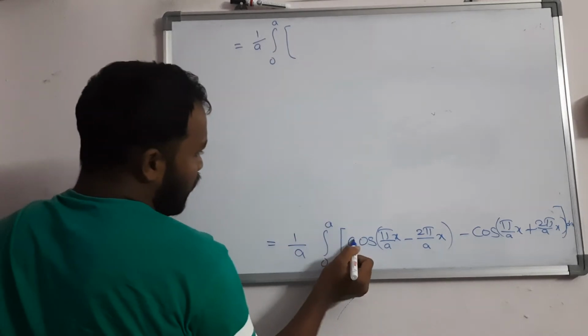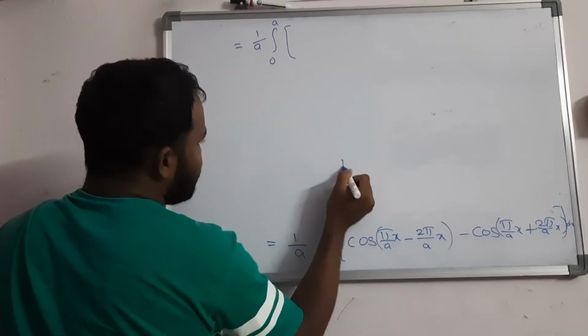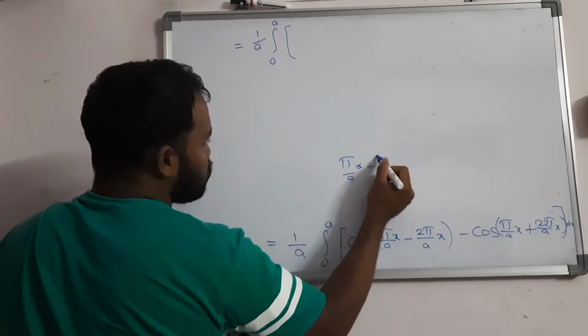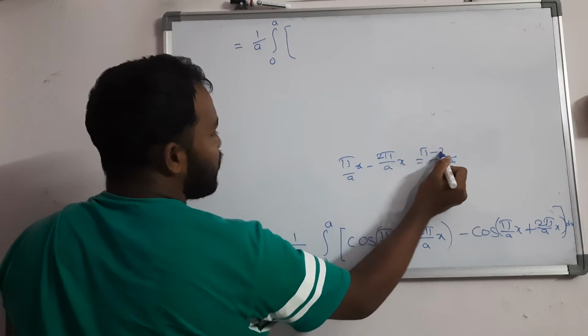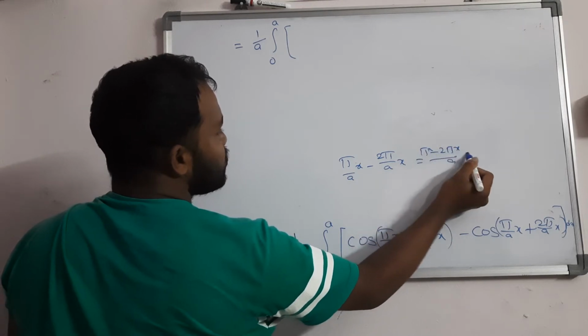So that is cos of, here it is pi by a x minus 2 pi by a x. So you should write LCM is a, pi x minus 2 pi x is minus pi x.